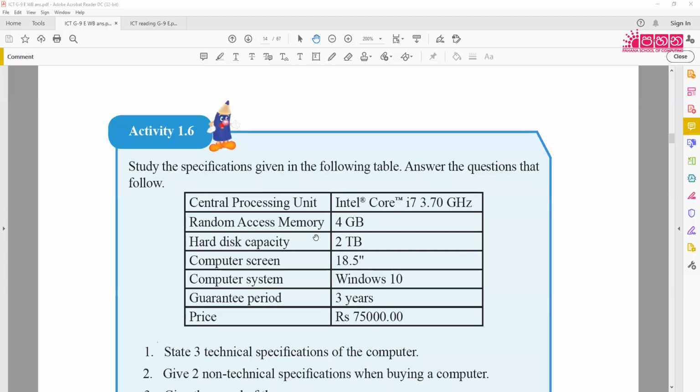So we can write down. We will have CPU, RAM, hard disk, screen, and the system.